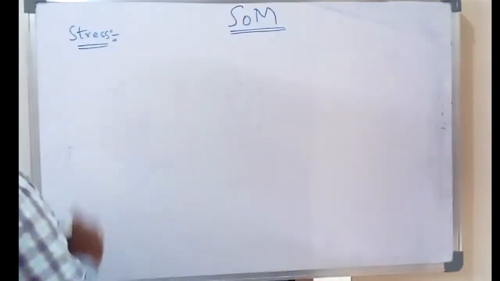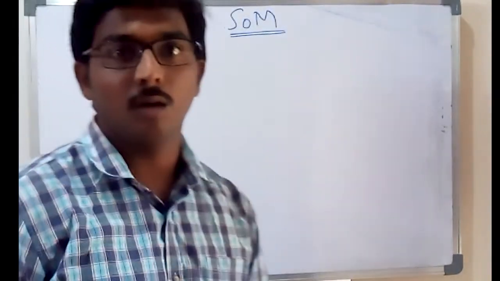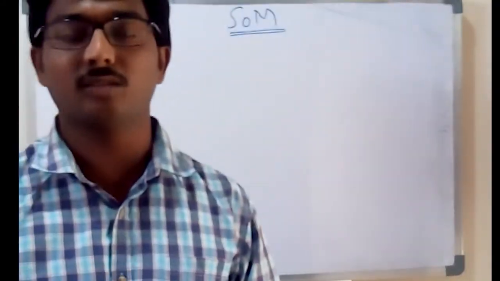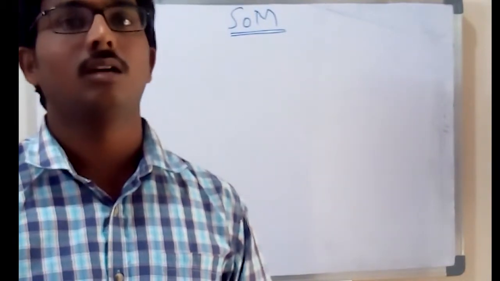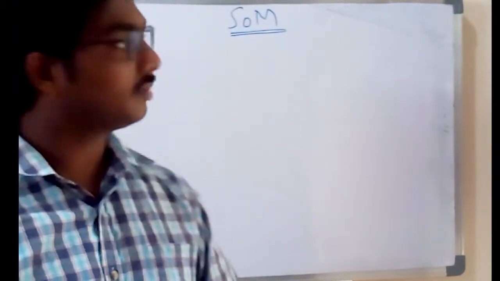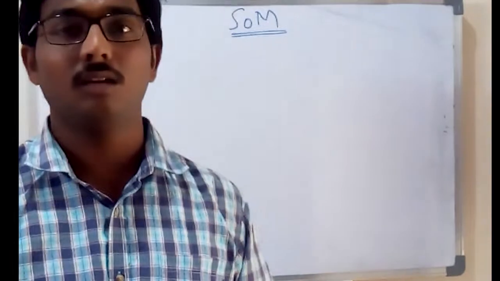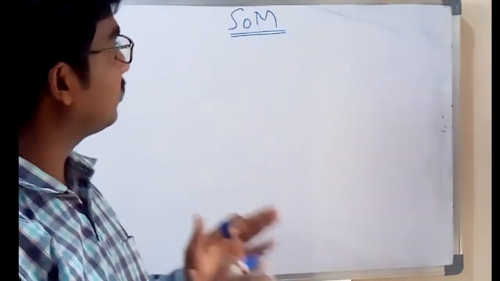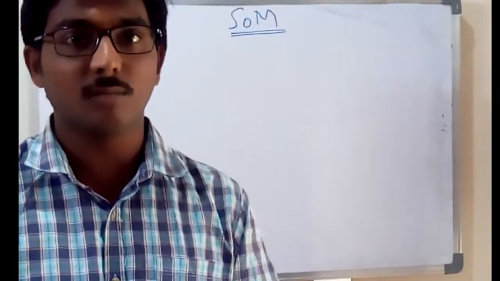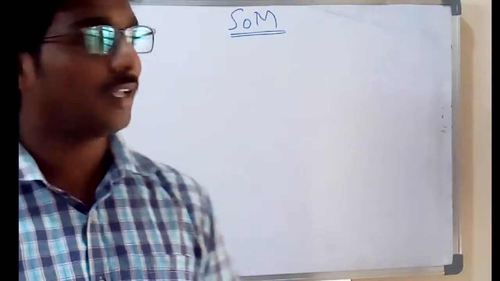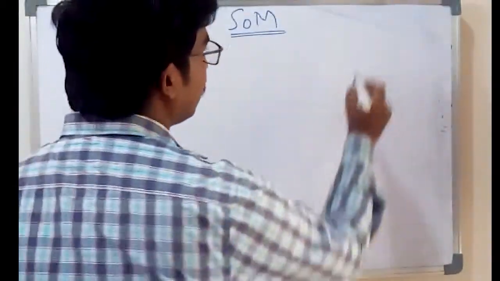Before going into the topic: strength of materials, mechanics of solids, and mechanics of deformable bodies all come under the same name, strength of materials. What does strength of materials deal with? Suppose you take any structure, any building.